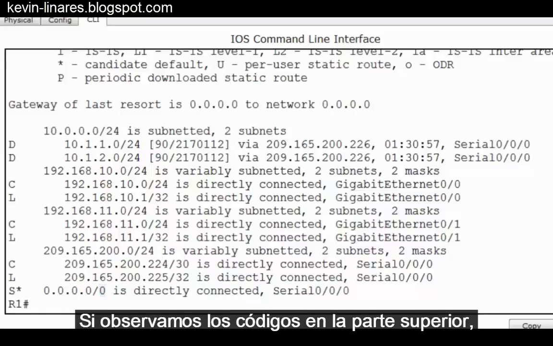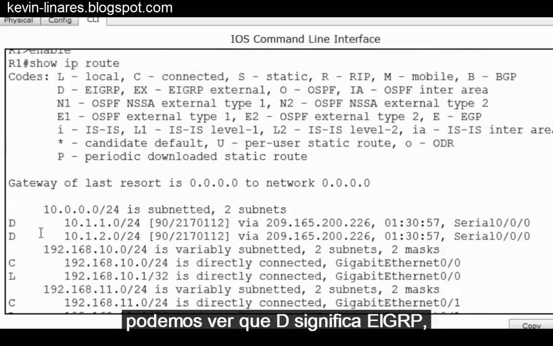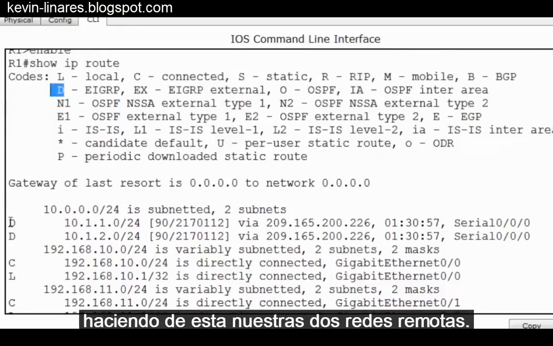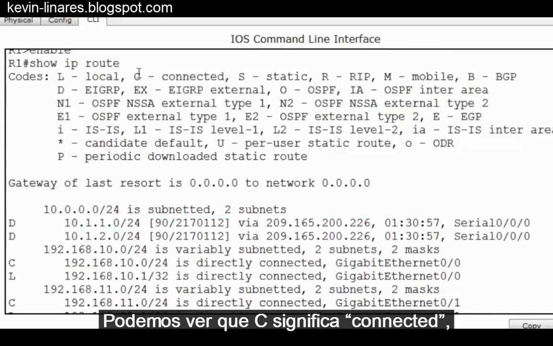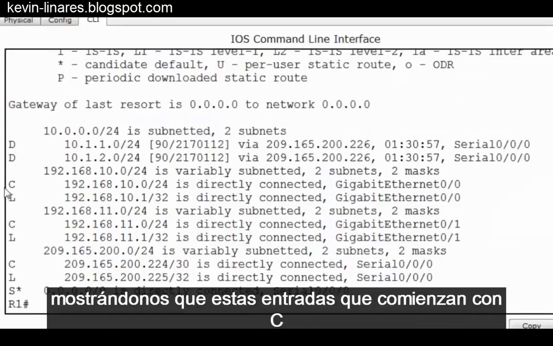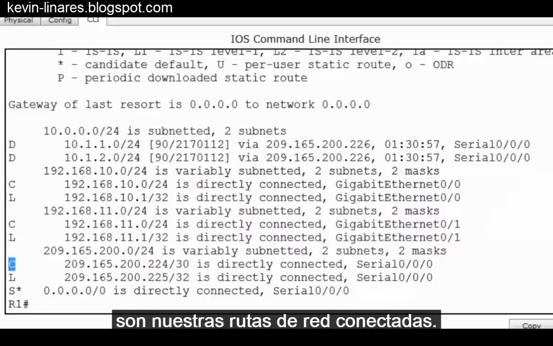If we look at the codes at the top, we can see that the D stands for EIGRP, making this our two remote networks. We can see that the letter C stands for connected, showing us that these entries starting with C are our connected network routes.